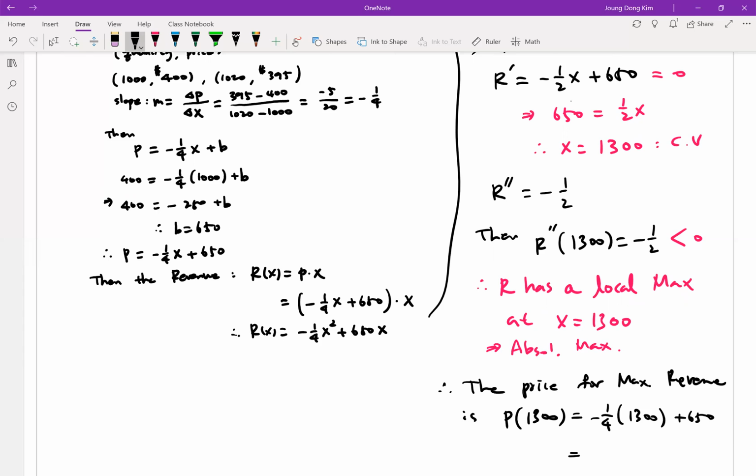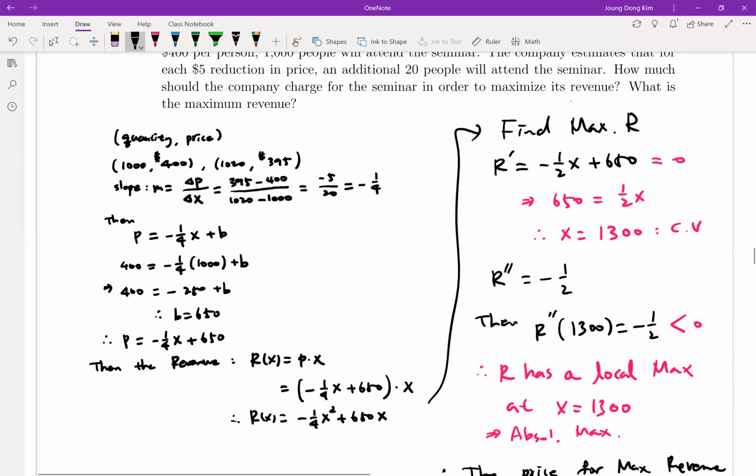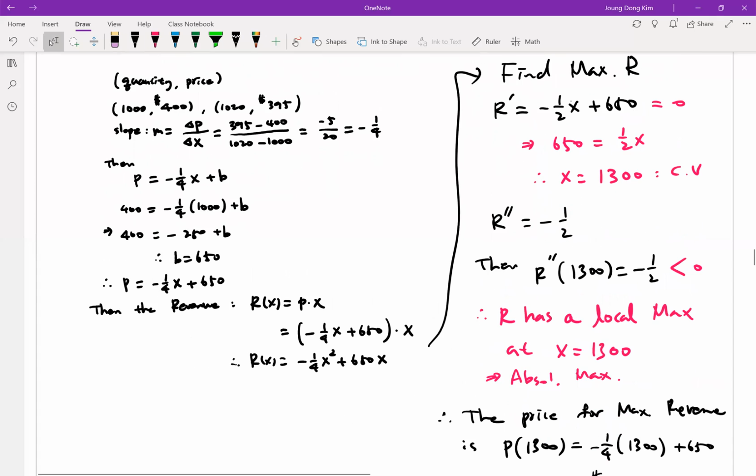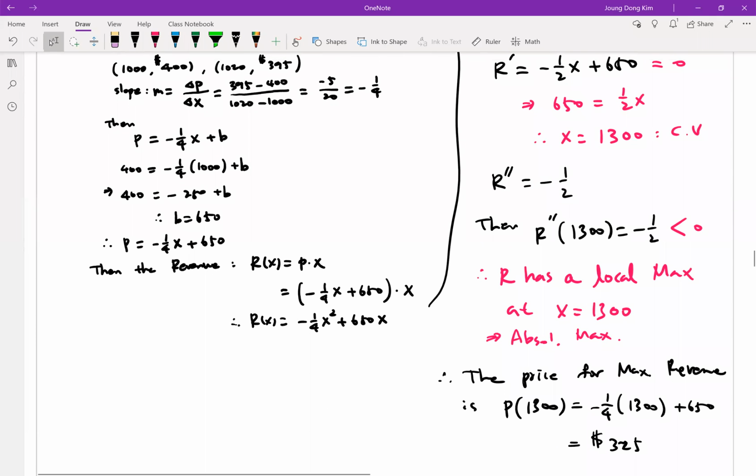So how much is it? It is $325. So the current price is $400, but if you decrease the price to 325, then you can make the maximum.